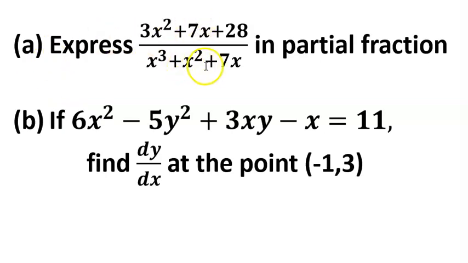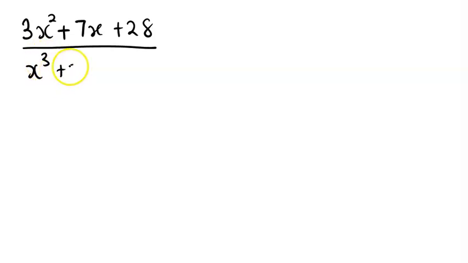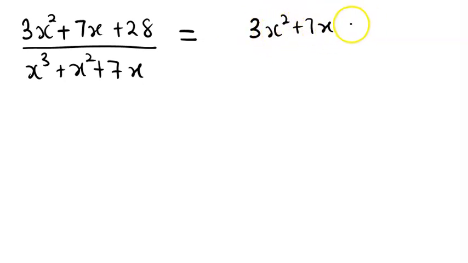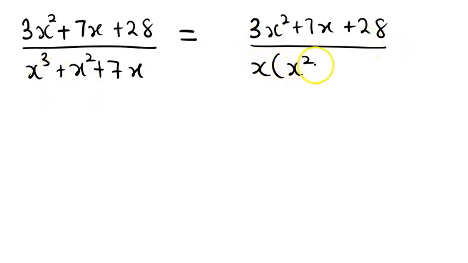Looking at the first part, we need to factorize the denominator. We have x³ + x² + 7x, so x is common. So (3x² + 7x + 28)/(x³ + x² + 7x) can be written as (3x² + 7x + 28) over x times (x² + x + 7).